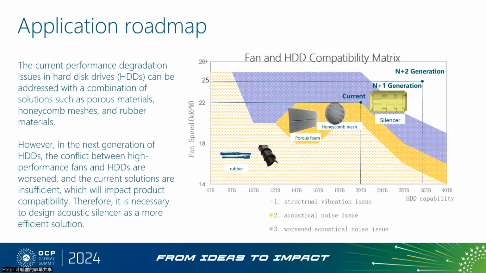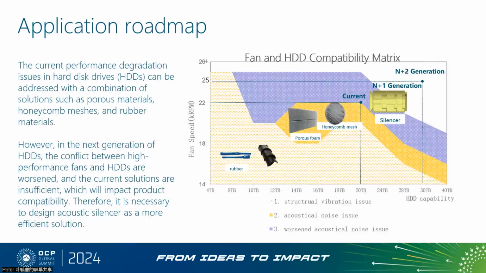Continuing from our previous discussion on the performance implications of high fan speeds on HDDs, we observe that when HDDs are subjected to structural vibration from Helmholtz, traditional solutions like rubber pads or rivets were once sufficient to mitigate performance degradation issues. However, with each new generation of HDDs, the capability of these drives increases at the same time.